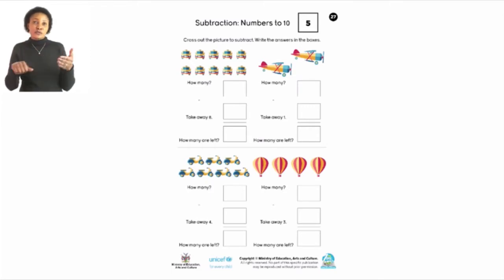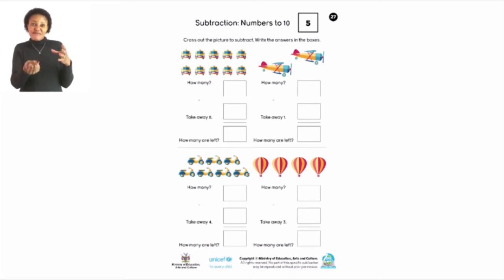Write the answers in the boxes. You will see in the first block that we have taxis, and underneath the taxis it says how many, and you will see a block. And underneath that you will see the minus sign, and it says take away 8. And the last one it says how many are left.